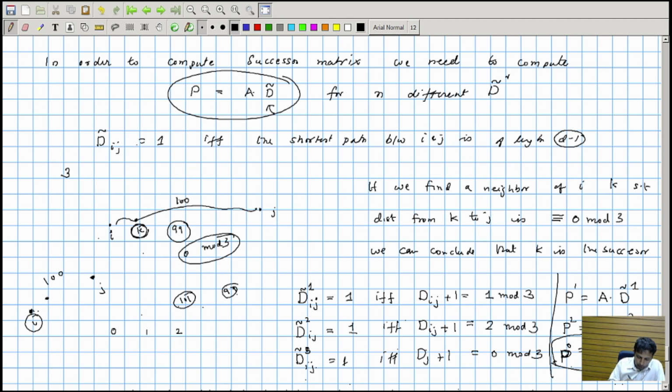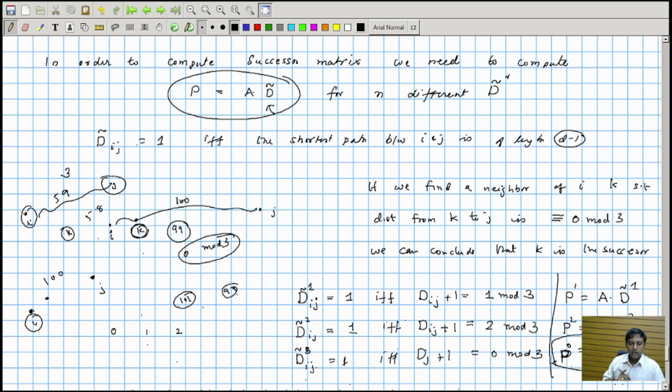Okay. So again, I is some particular vertex, and the distance to some particular vertex j is, let us say, 58. The successor should be, let's take another example. If I to j distance is 59, then the successor is that particular vertex such that the distance from k to j will be 58.